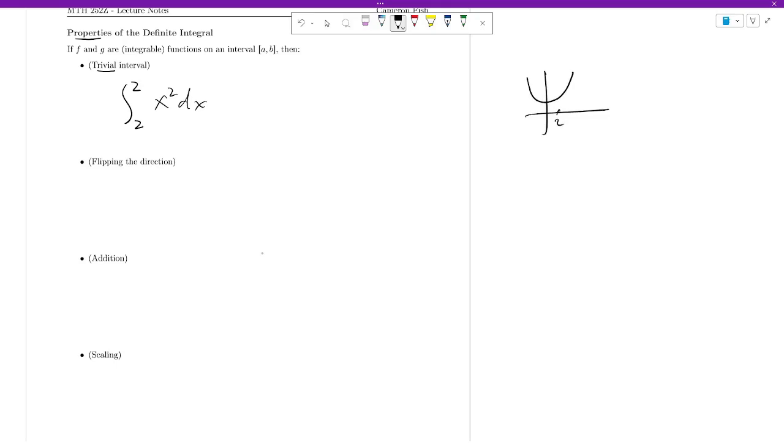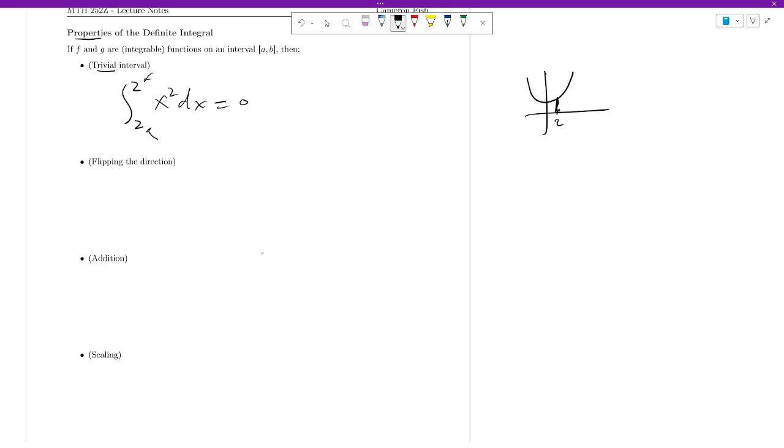Here's 2. I'm starting at 2, and I'm ending at 2. The only thing that could possibly happen is an infinitely thin slice right there. It doesn't really make sense. It should probably have area 0 if it has any area at all. So we say this is 0. Whenever you have the same number in the top and the bottom, that's just 0.